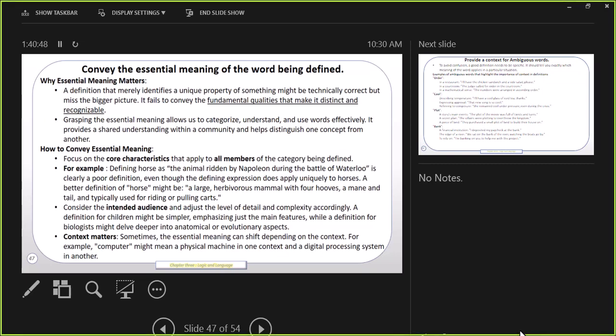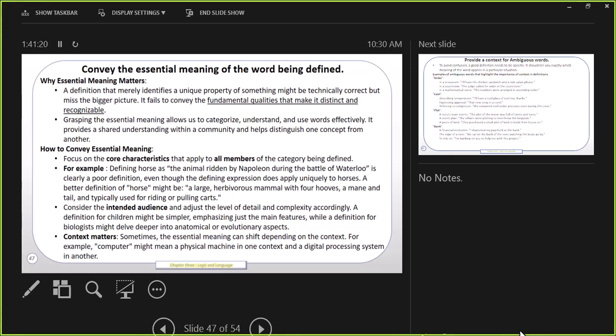But a good lexical definition should convey the essential meaning of the word being defined. You can consider the example: human being is defined as featherless biped. The difference, featherless biped, uniquely applies to human being, because there is no other animal other than human being which is featherless and at the same time biped.